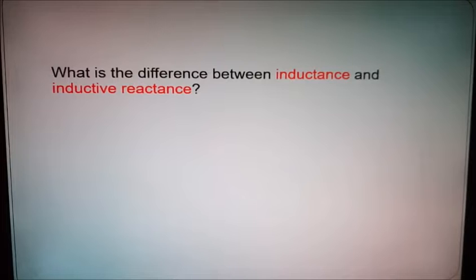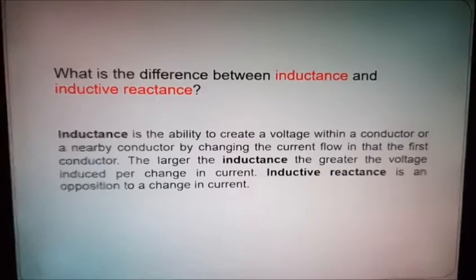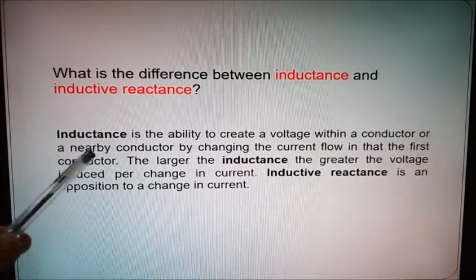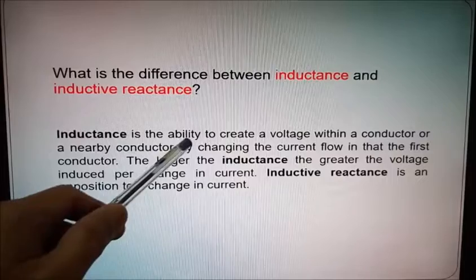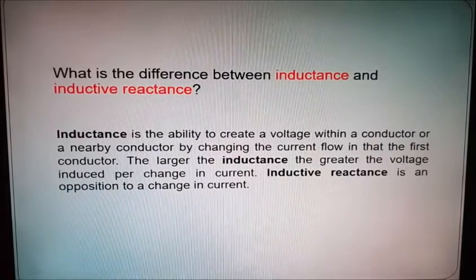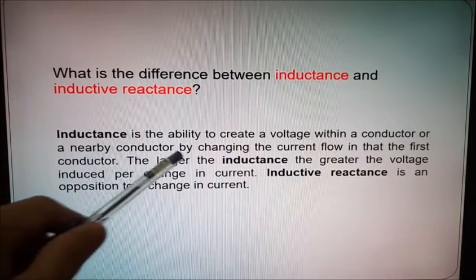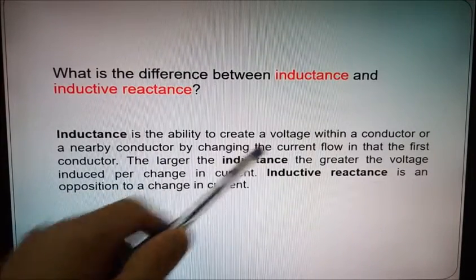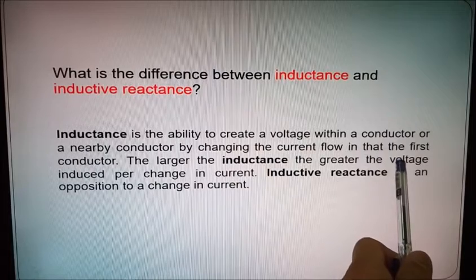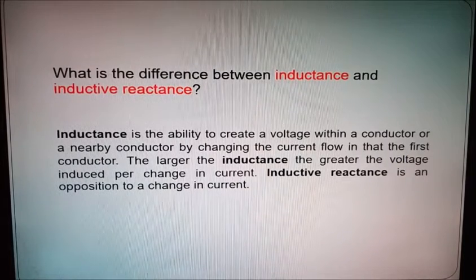Now, what is the difference between inductance and inductive reactance? Inductance is the ability to create a voltage within a conductor or a nearby conductor by changing the current flow in the first conductor.